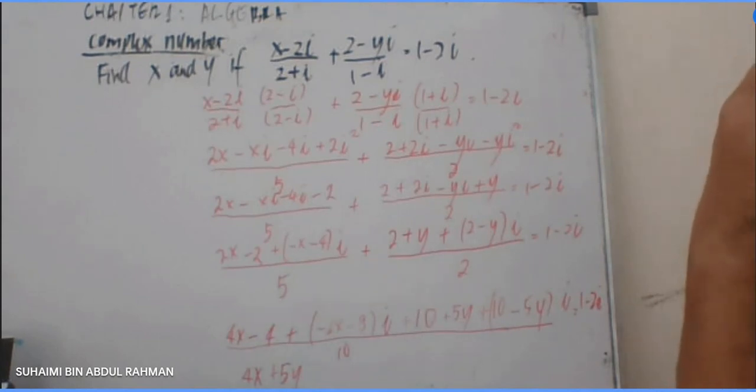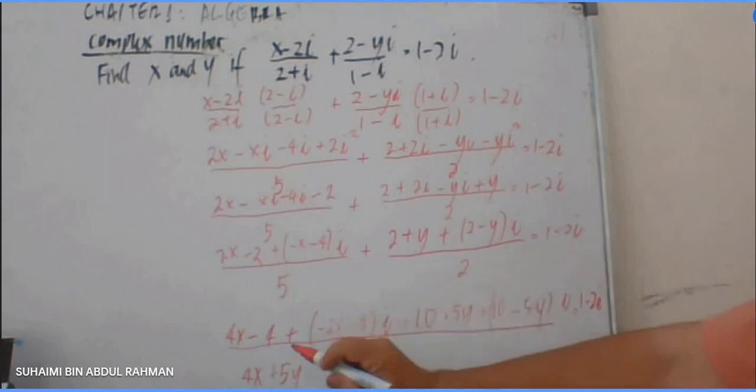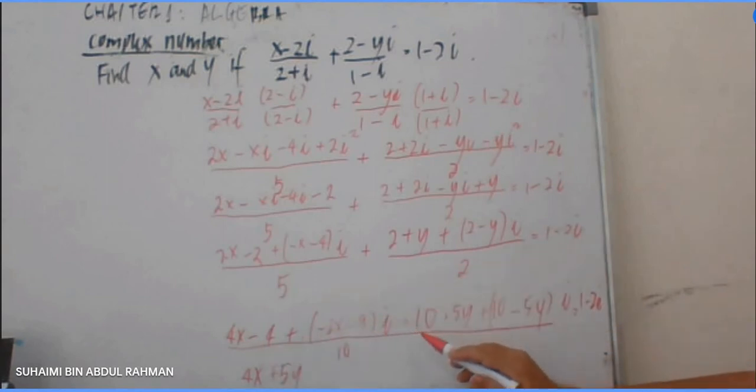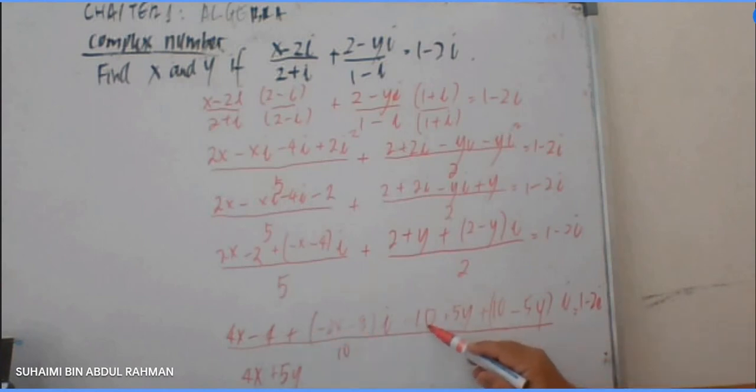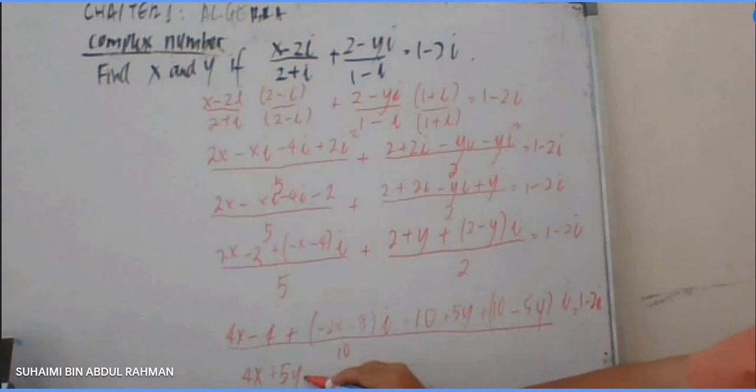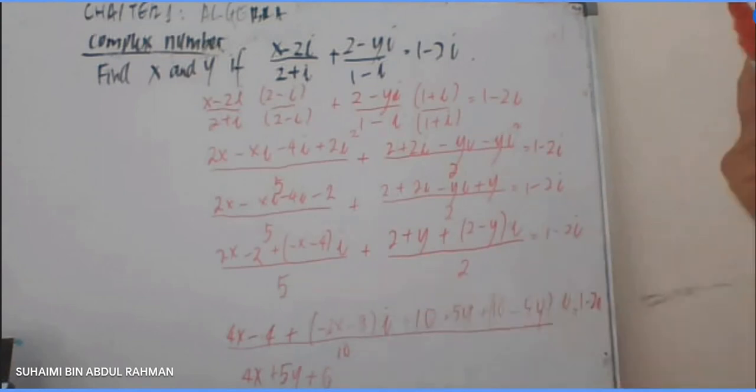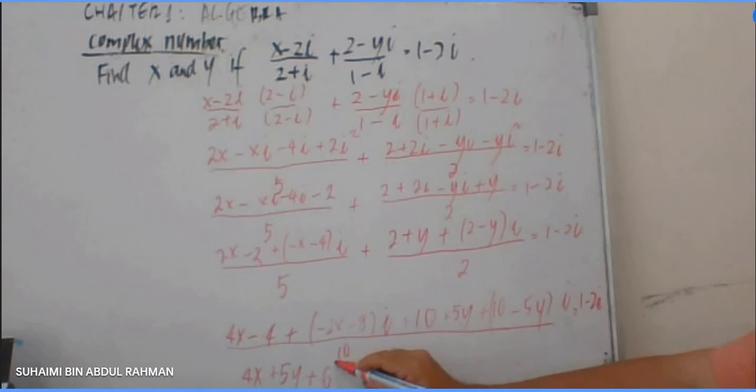We don't go for imaginary parts yet. For x plus 5y, minus 4 plus 10, we get plus 6. For x plus 5y plus 6, these are the real parts.